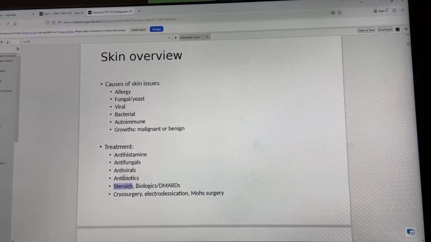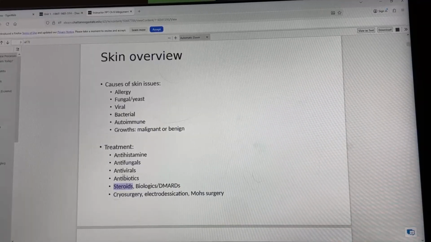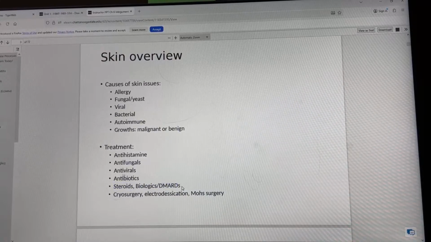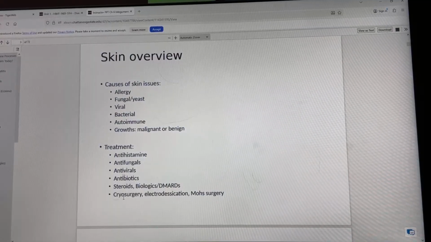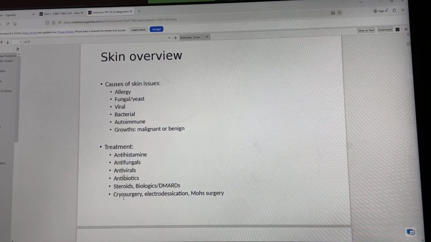So that's what steroids do, they suppress your immune system. And then biologics and DMARDs, these were just two broad drug classes that are specifically used in a lot of autoimmune conditions.